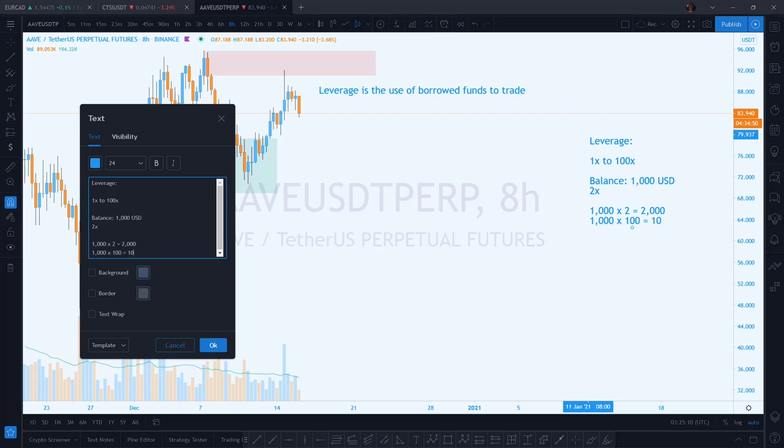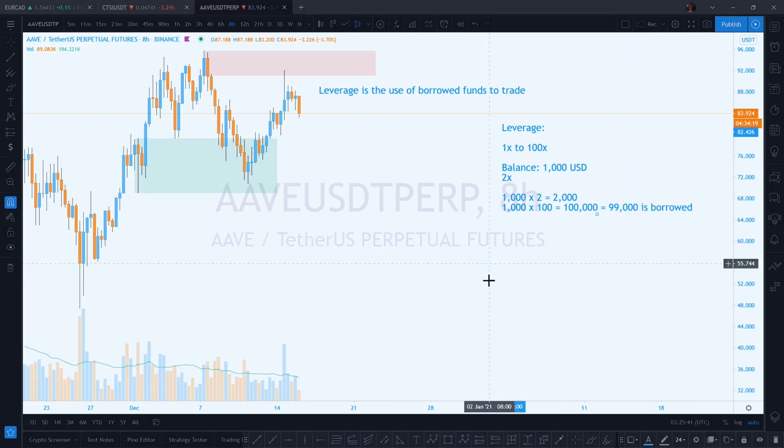That will give you $100,000. This means if you have $1,000 in your account and you are trading with a leverage of 100x, which is 100 times what you have, then you'll be trading with a position size of $100,000. This means $99,000 of your position size is borrowed.